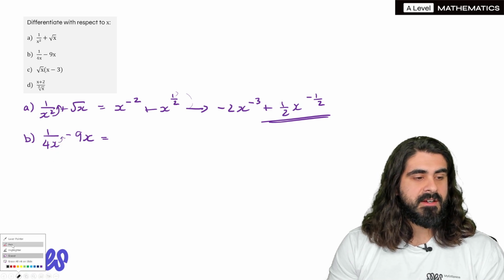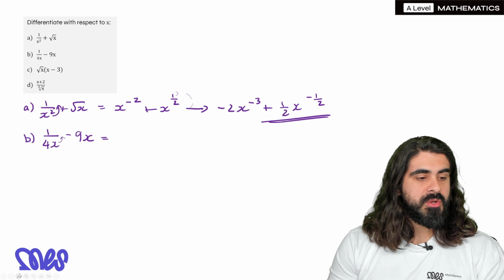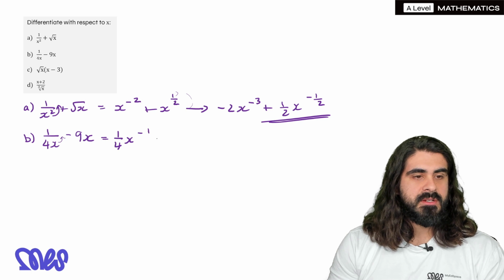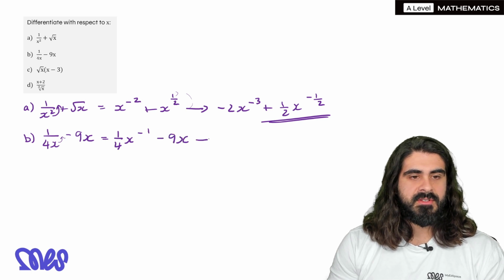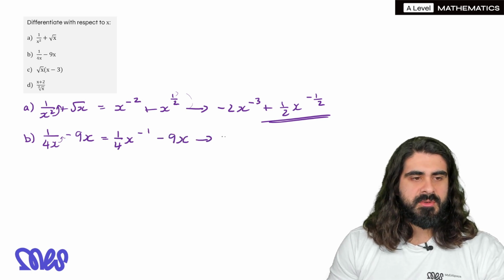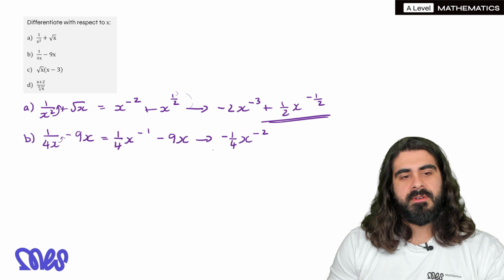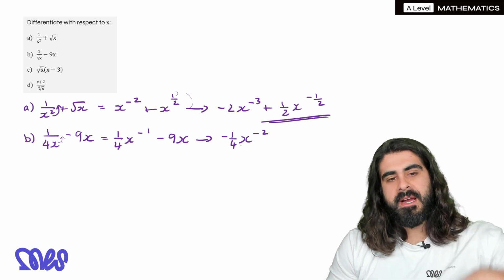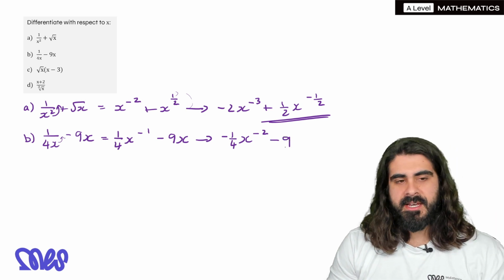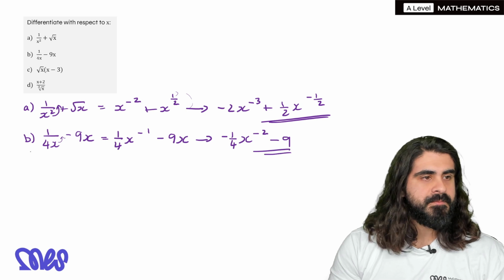So it needs to stay like that. So it's 1/4 x to the minus 1, then minus 9x just stays. All right, so bring down the minus 1, so we get minus 1/4 x, take 1 away, minus 2, minus 9x. Remember, that's a line with gradient minus 9, so yes, the x disappears, but we know why now.